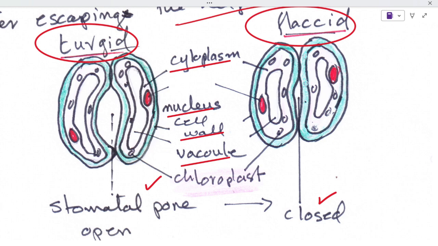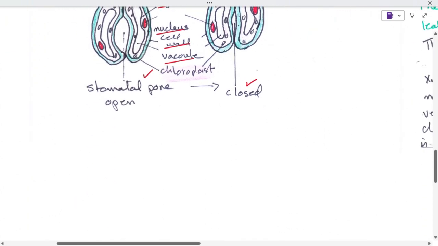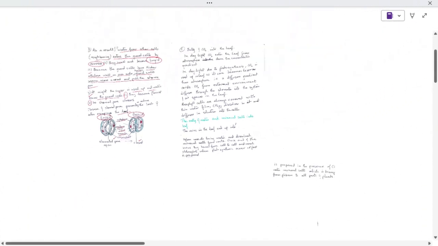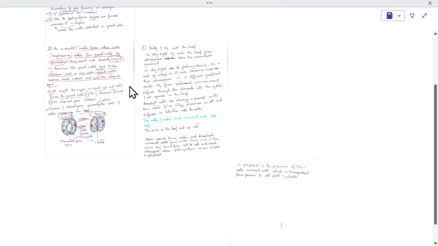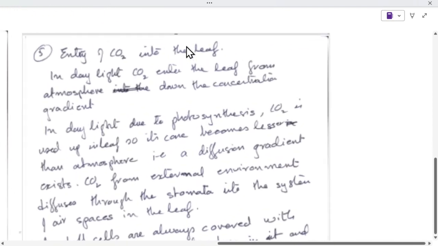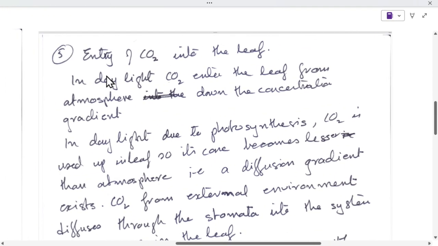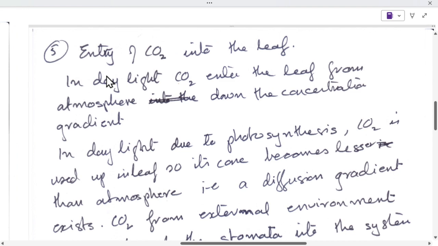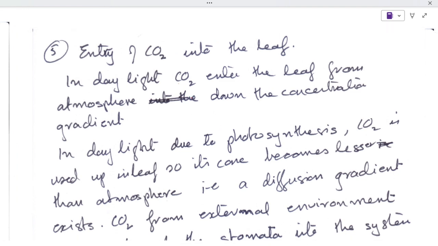Now we come to the fifth property, that is function of the guard cell, that is entry of carbon dioxide into the leaf. In daylight, carbon dioxide enters the leaf from atmosphere down the concentration gradient.